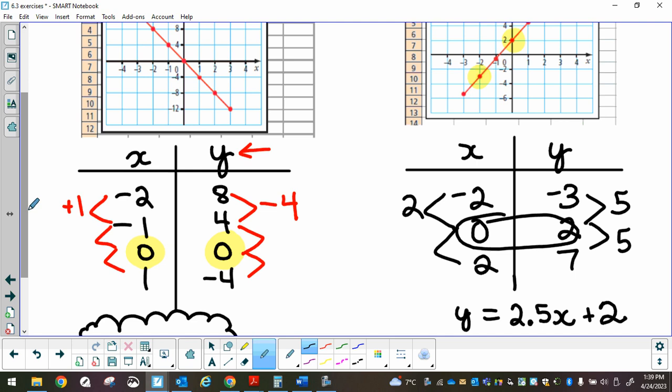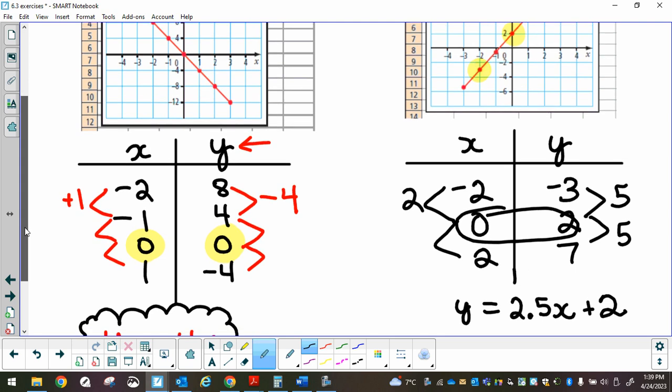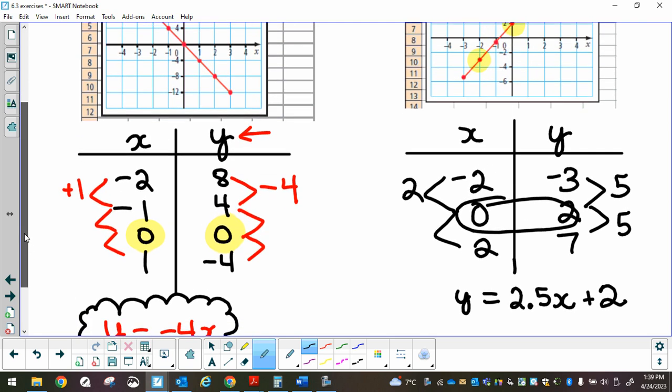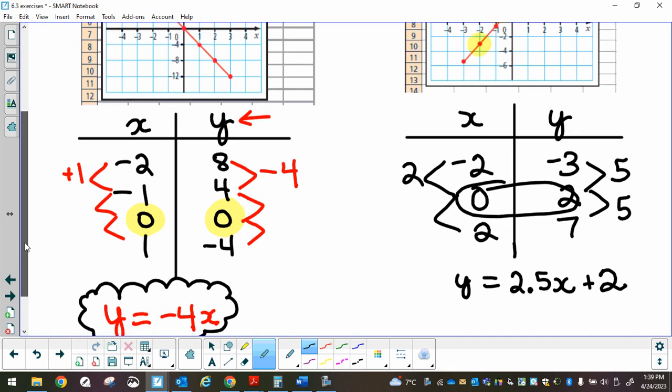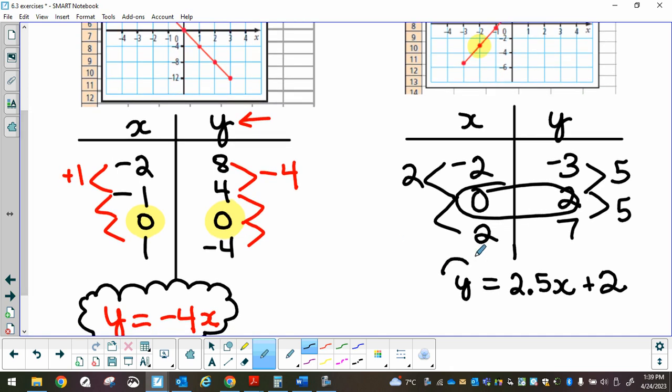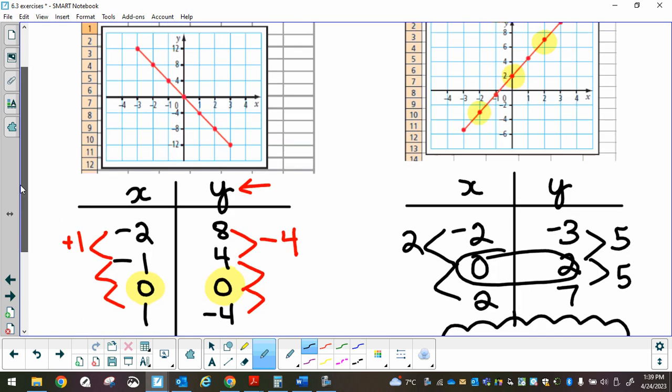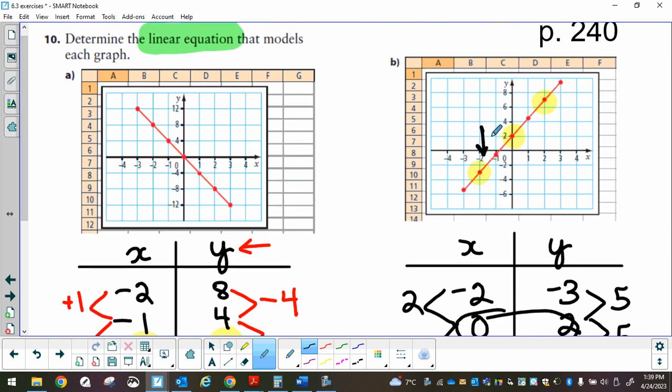That is a tough equation. Y equals 2.5x + 2. So you are allowed to skip points as long as you're consistent. You skip a point, you skip another point. You can do that to get your equation.